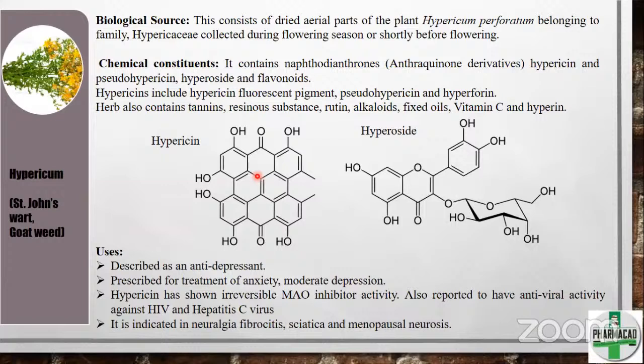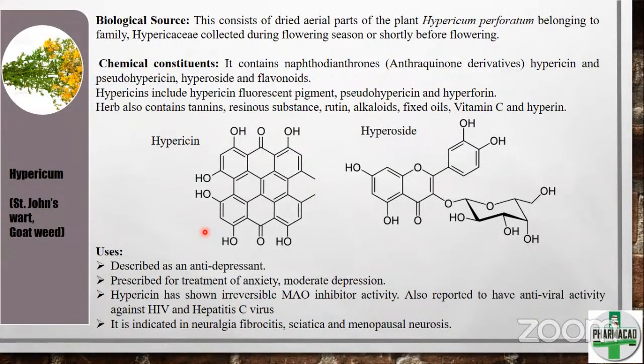Hypericin and pseudohypericin, hyperoside, okay, and flavonoids. Now, hyperoside here is a flavonoid. If you see the nucleus, it's a flavonoid, okay, with a glucose moiety. So, hyperoside is the proper glycoside, whereas hypericin is an aglycone. If you add a glucose molecule to it here, it will turn into a glycoside. The herb also contains resins, tannins, etc. What is it used as?